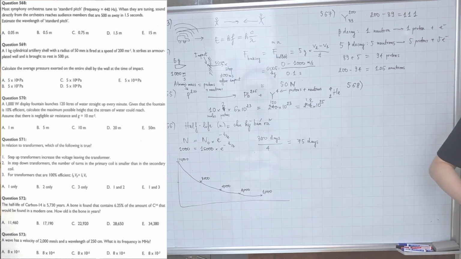When they are tuning, sound directly from the orchestra reaches audience members that are 500 meters away in 1.5 seconds. Estimate the wavelength of standard pitch.